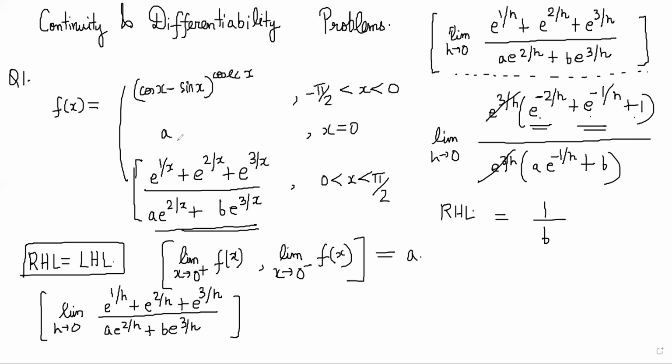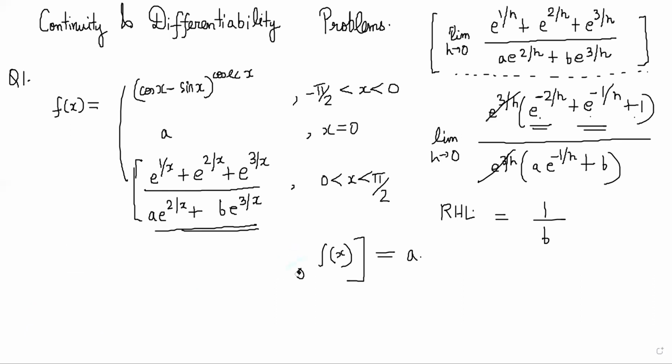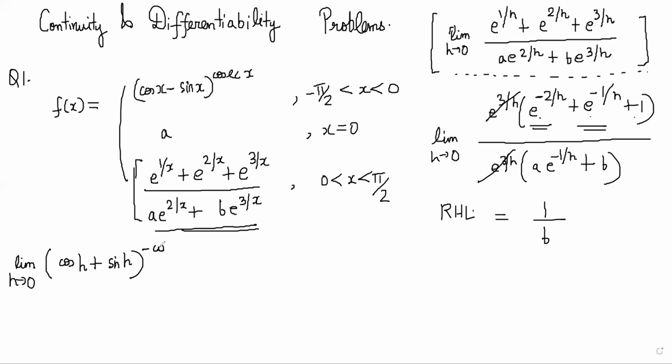Now LHL. The limit h tends to 0 of f of minus h. So that is cos x minus sin x with x as minus h, so cos h plus sin h, to the power minus cosec h, right?